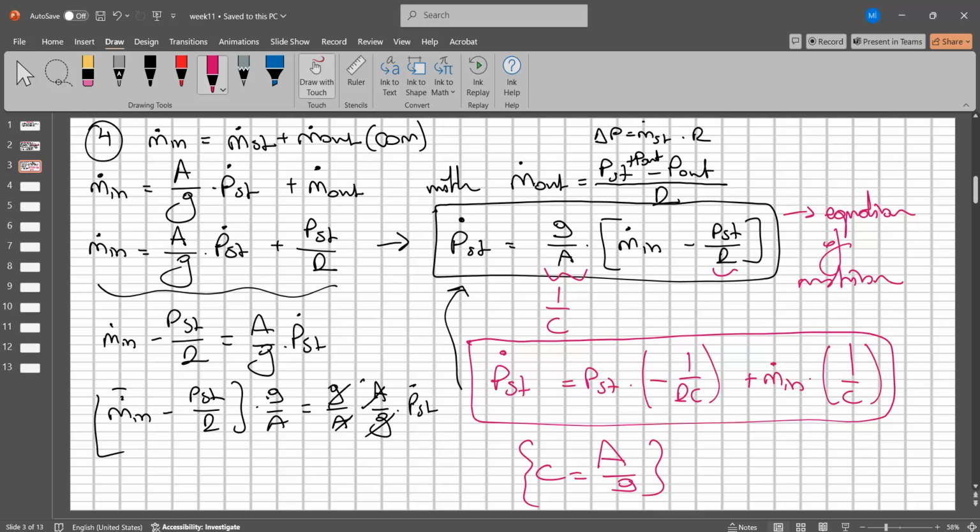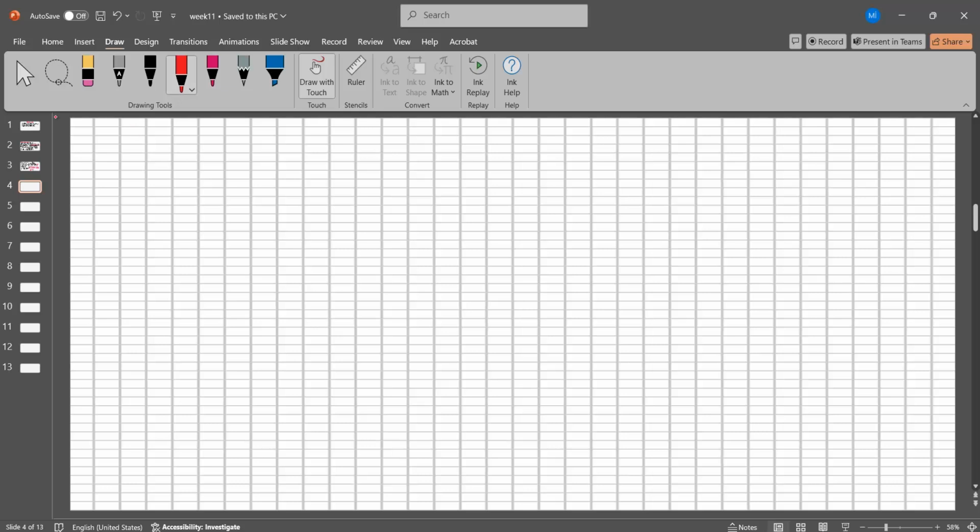But how can we derive the capacitance value? Derya, could you help me to derive it? Could you help me to derive the fluid capacitance formula in the fluid system or the hydraulic systems?